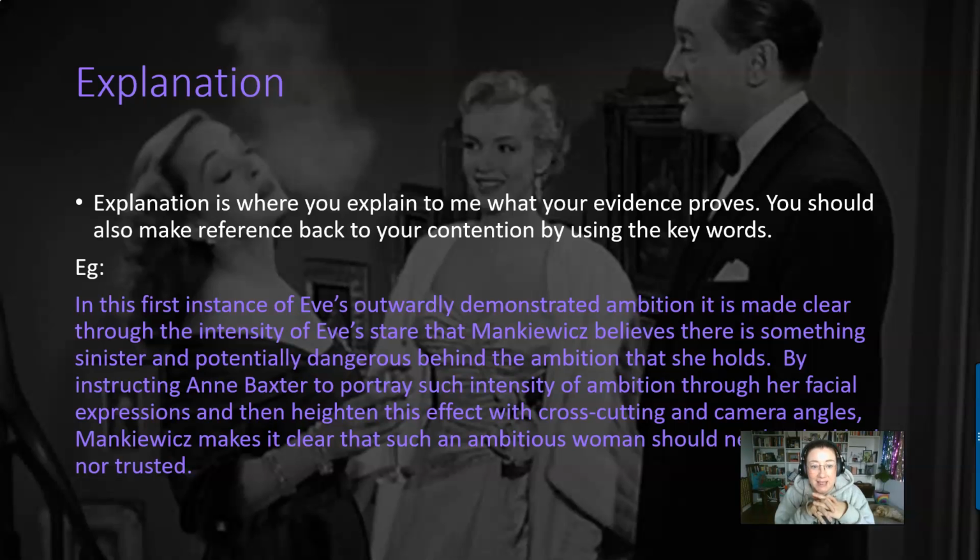By instructing Anne Baxter, the person who plays Eve, to portray such an intense ambition through her facial expressions and then heighten this effect with the cross-cutting and camera angles, Mankiewicz makes it clear that such an ambitious woman should neither be liked nor trusted. Okay, so can you see how what I'm doing there is explaining how that piece of evidence proved the point that I've made in the topic sentence.